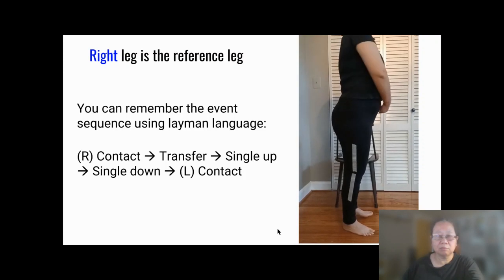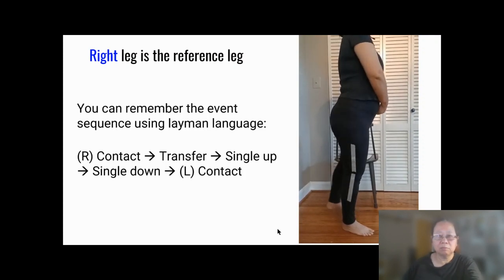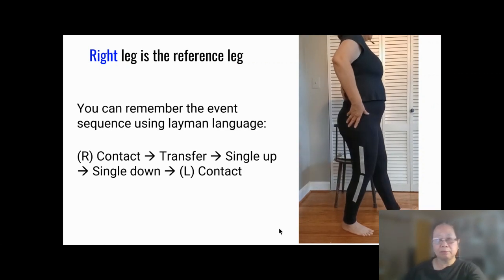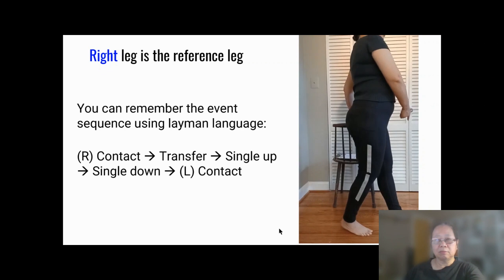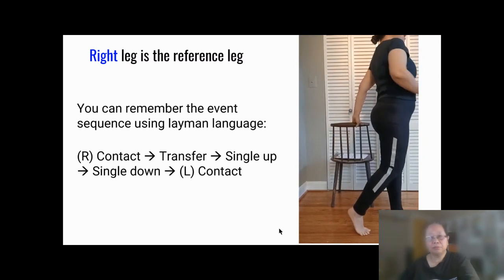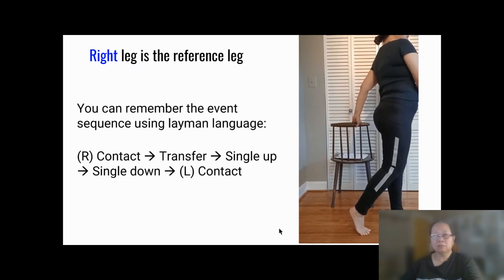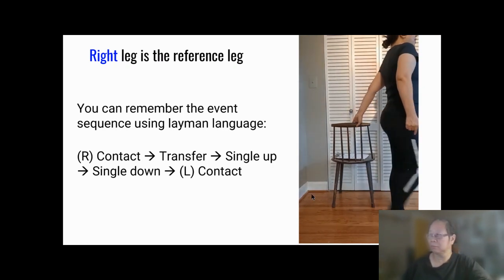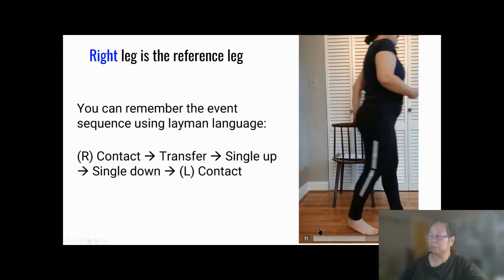The other leg is in swing, and right next to that, then the single leg down. After the left side contact, you transfer weight again. But now the weight is loading onto the left side and unloading from the right side, and then you sweep.